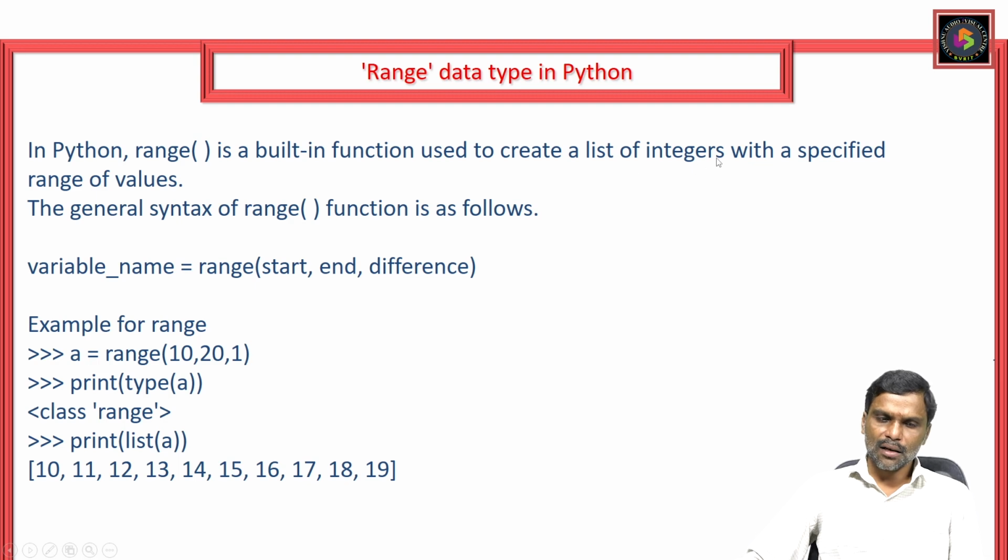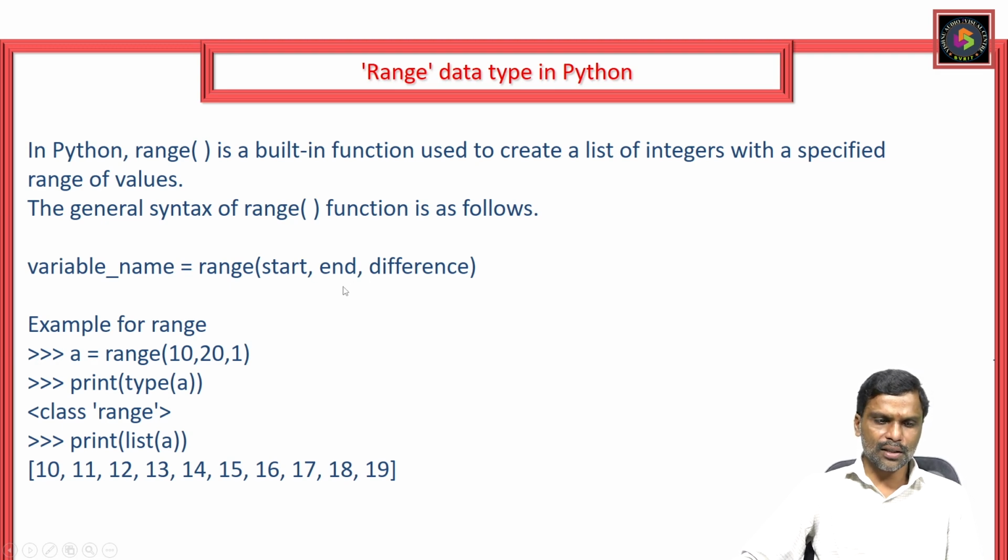Then the syntax: variable name is equal to range, in the round brackets, start, end, difference. For example, if you are taking some numbers, start means the starting number should be given, end means the ending of the number, and difference means how much difference there should be.